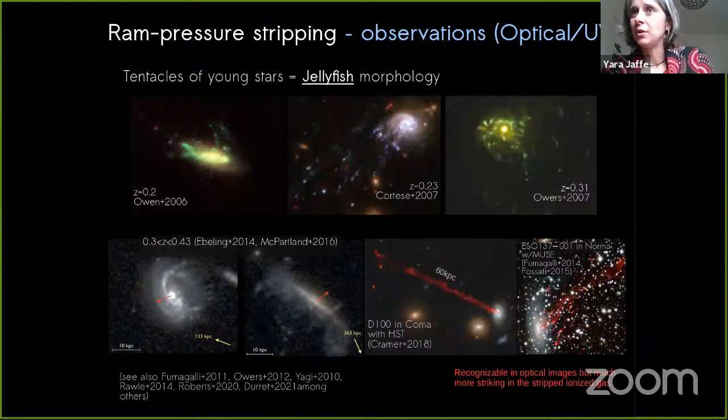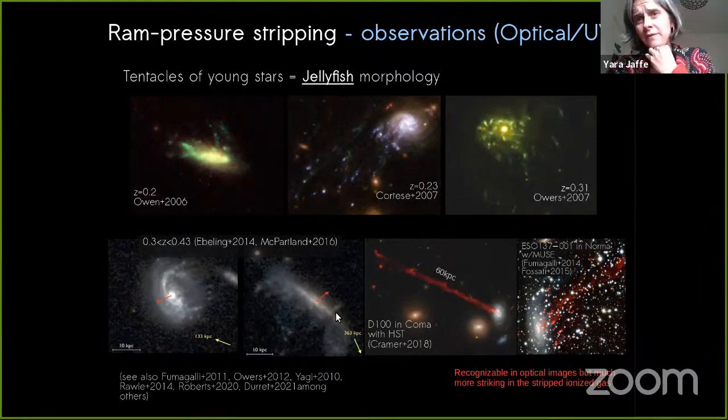Now, I'm going to turn to optical and UV observations of galaxies in clusters that tell us a complementary story of ram pressure stripping. So in the last decades, we've seen a lot of papers commenting on examples of these so-called jellyfish galaxies in the optical and UV, where you have, for example, this galaxy, a beautiful spiral galaxy with very long tails or tentacles that have knots of star-forming pockets in these stripped tails, okay?